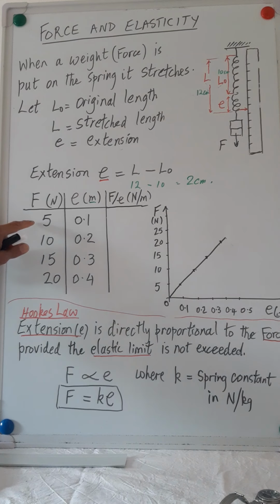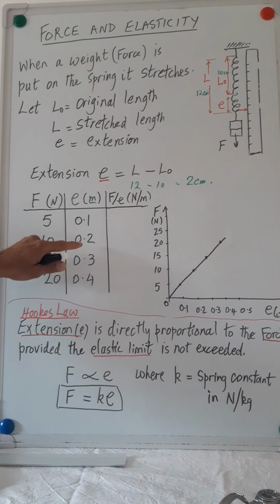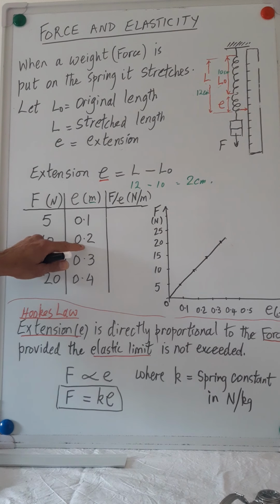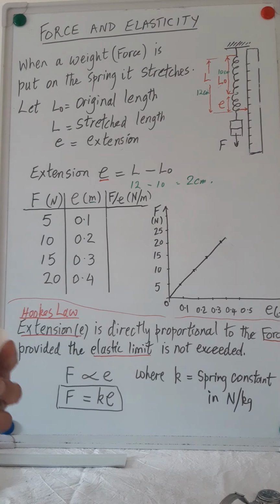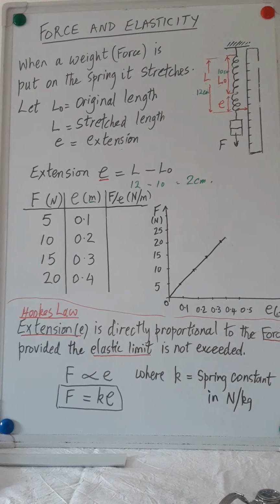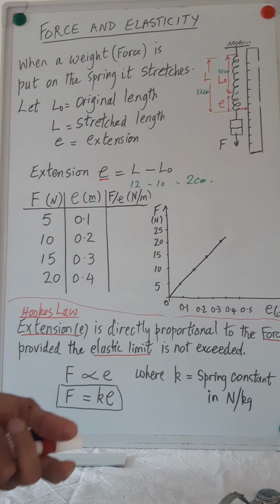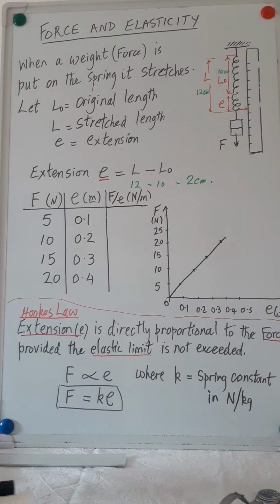Now, if the weight is 10 Newton, it stretches by 0.2 meters. It's stretching equally for equal weights, which means the extension is directly proportional to the force that we apply.